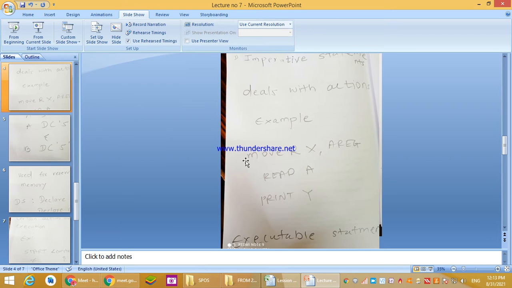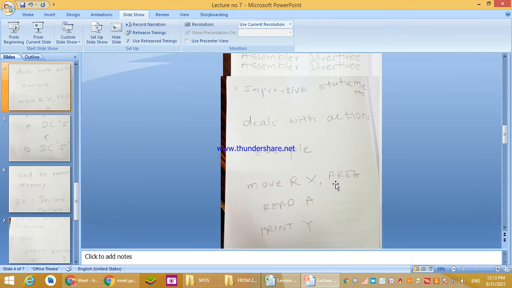So when you meet programming statements like move, read and print, these are nothing but imperative statements, and these are all executable statements. Why? Because at the time of execution they perform the actions, so that's why they are called executable statements.